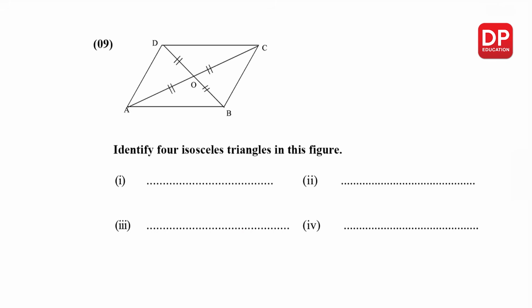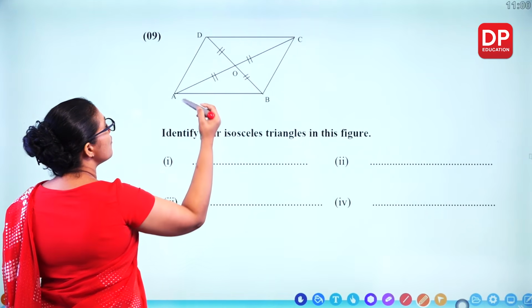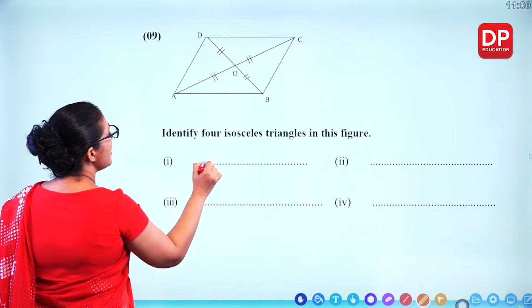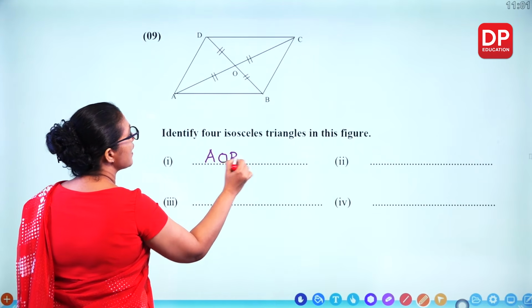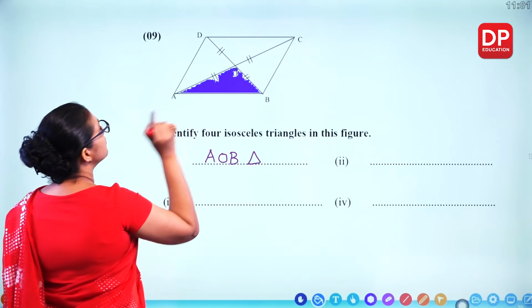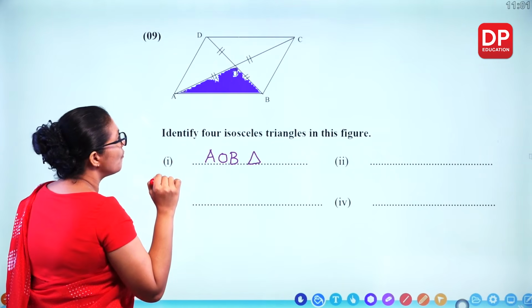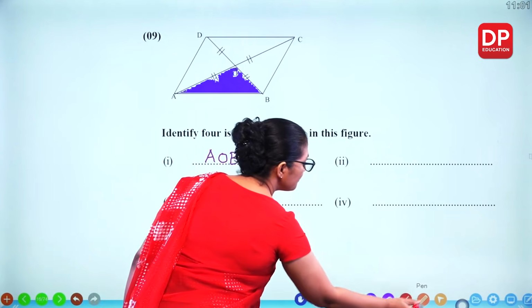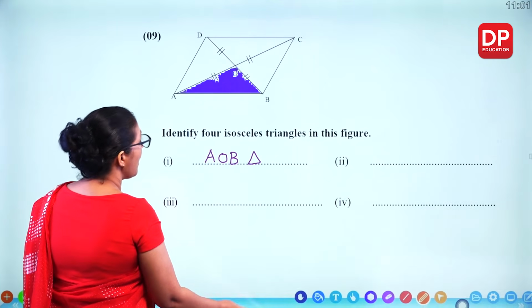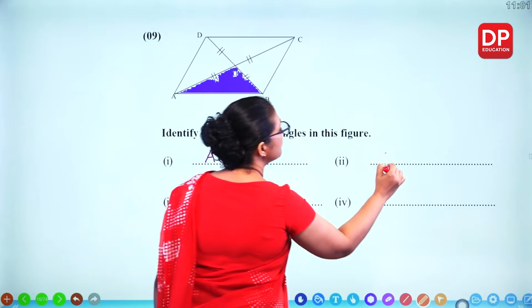Look at this diagram. Identify 4 isosceles triangles in this figure. This length is equal to this length. All lengths are equal. So I can take one is AOB triangle. That's one. What about the other one? I can take BOC triangle.